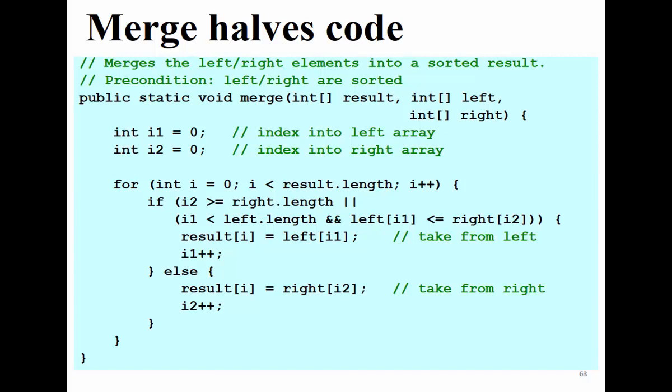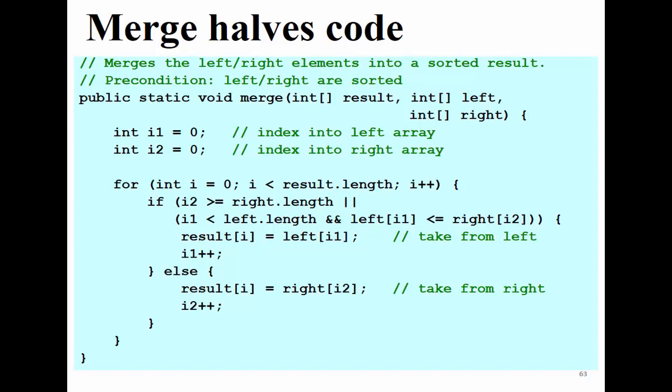We assume that we receive the left and the right, and we have to store the result in the result array. So we go through all the elements inside the result, and we have to fill each element. If the left is exhausted or the left element is less than the right, then we store the left element. Otherwise, we store the right element.